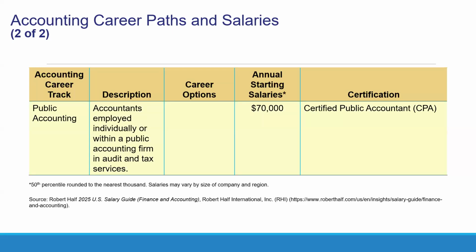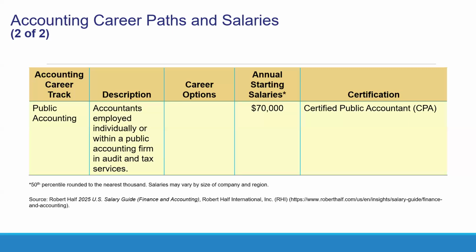And this is what I do. I have my CPA. There's an exam certification process that goes with that. Generally, I think annual starting salary is about 70 right now. And the upward career trajectory is really great, honestly.